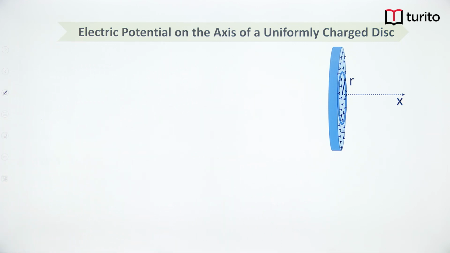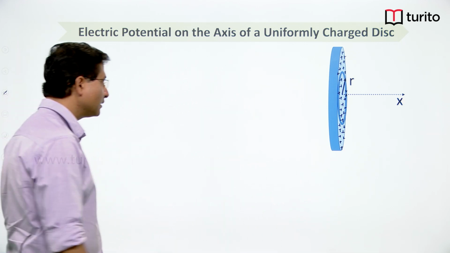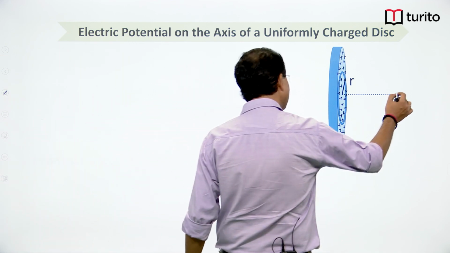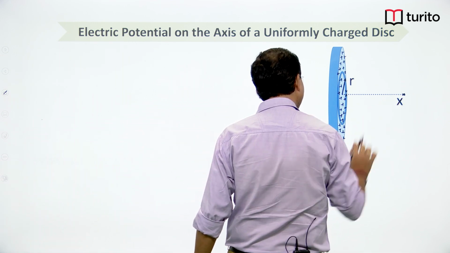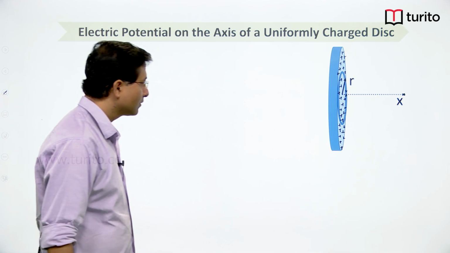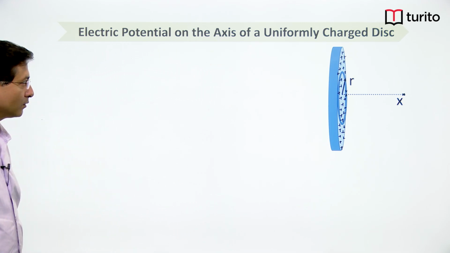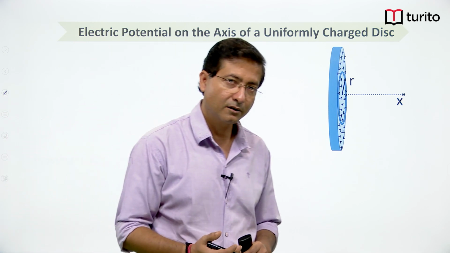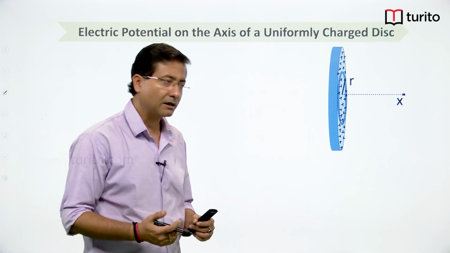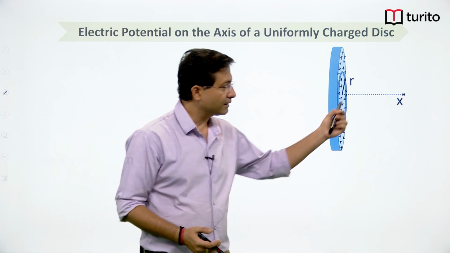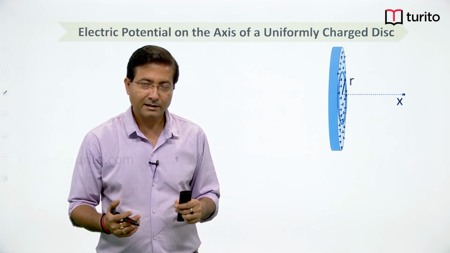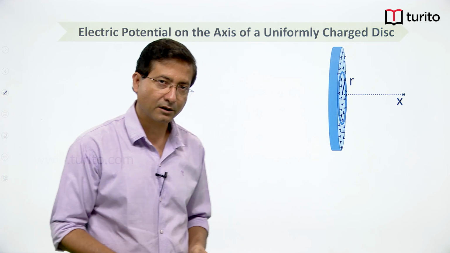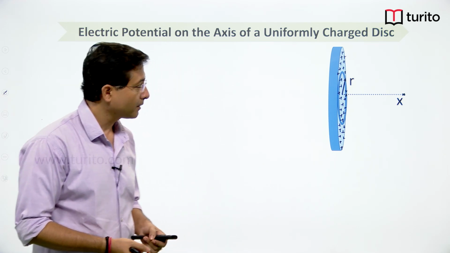This way charge is distributed and I want to find out the potential due to the whole disk at this particular point, right. Whatever we did to find out electric field produced by disk at that particular point, in the same way we can find out the potential, only thing expression is different.